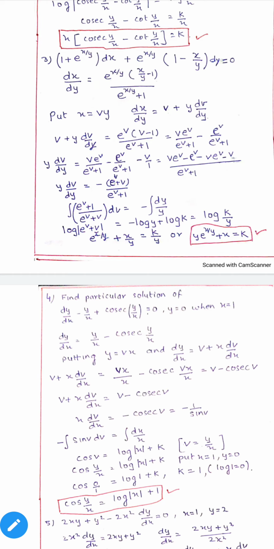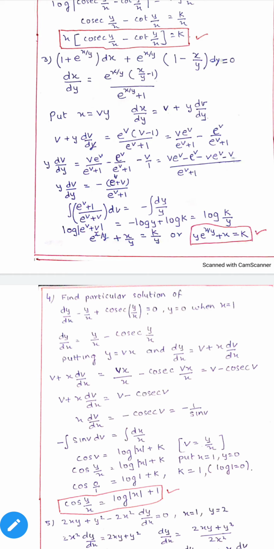We take minus common, we get y dv/dy = −(e^v + v)/(e^v + 1). Integral (e^v + 1)/(e^v + v) dv = −dy/y.